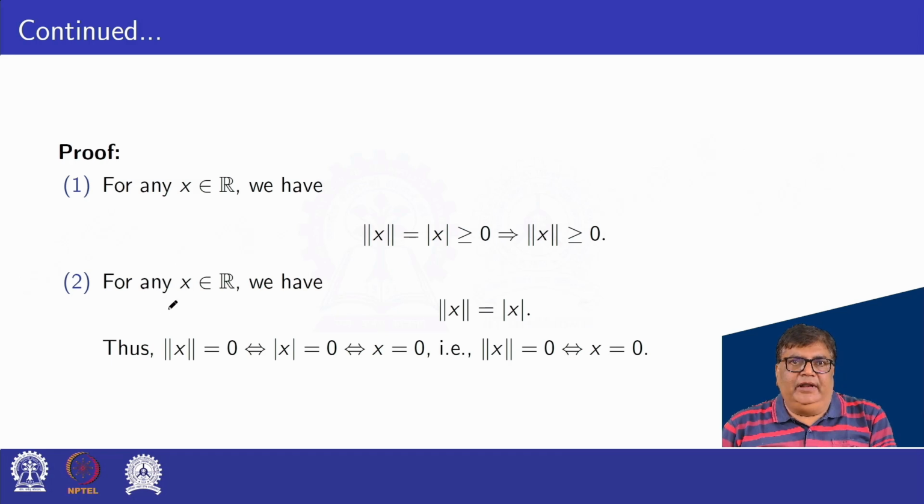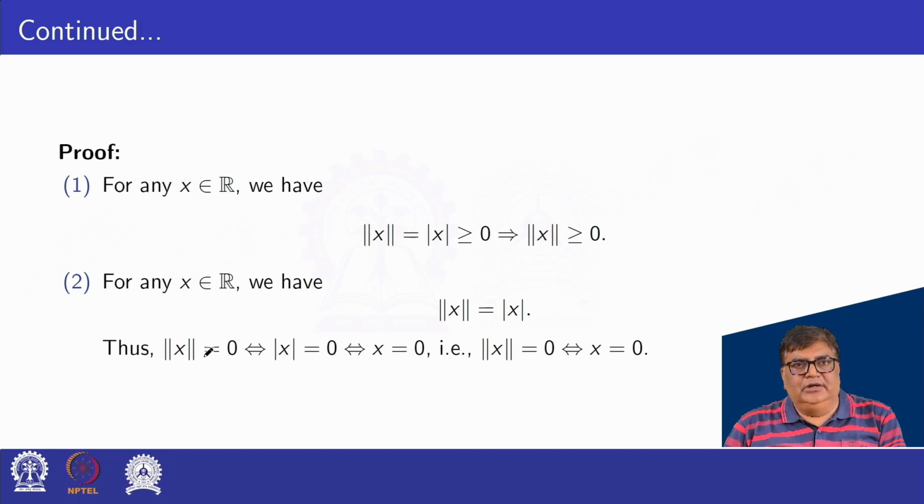Second, for any x belonging to R, we have ‖x‖ equal to |x|. Let ‖x‖ be equal to 0. Since ‖x‖ is defined by |x|, it means |x| is equal to 0, and we know that |x| is greater than or equal to 0, and |x| equal to 0 if and only if x is equal to 0.